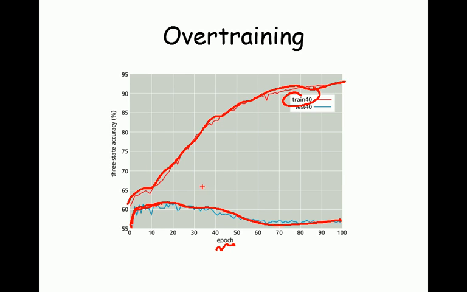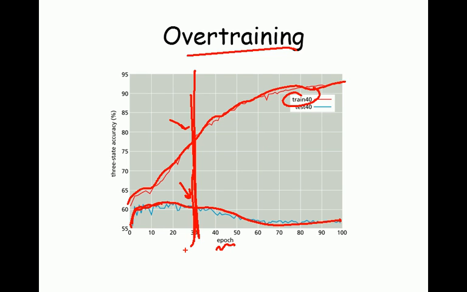So at this point, your network has really stopped learning in the sense that you want it to learn. Okay? It performs better on the training data, but doesn't do so well at predicting new, unseen data. So you don't want to overtrain; you want to stop at a point where the network will perform well on test data.